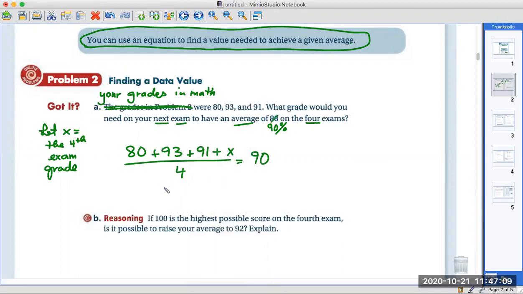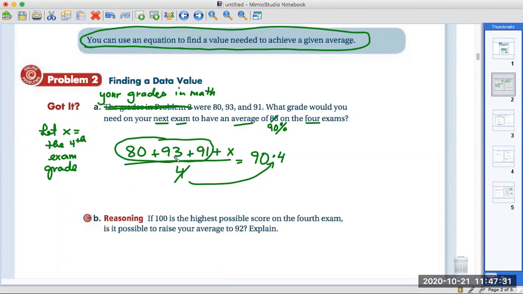Okay, so 4 exams, 3 I know, 1 I don't. The average is 90 divided by 4. So we're solving this equation for X. So the first thing is I'm going to get rid of this 4, multiply it over here. That cancels it out. And I'm going to add these numbers.